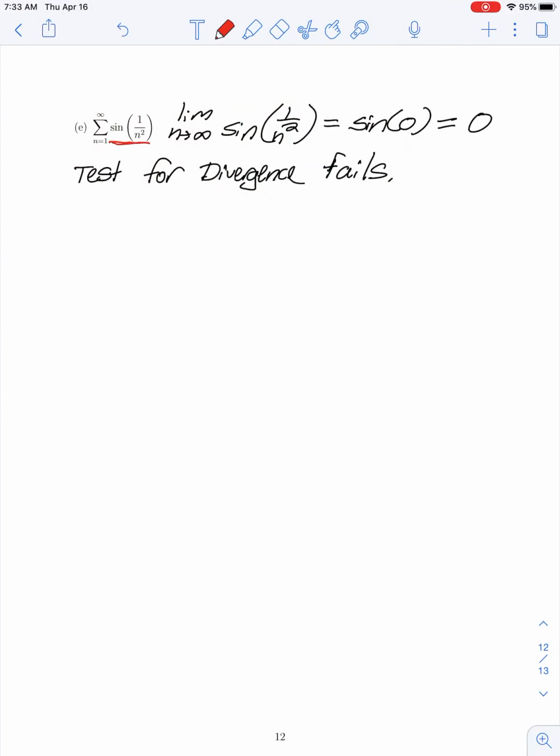So here we're taking sine of 1 over n squared. Now, if it were just 1 over n squared, then we would have a convergent p-series. So let's try to compare this with that series. Let's compare with the sum from 1 to infinity of 1 over n squared, which we know is a convergent p-series.